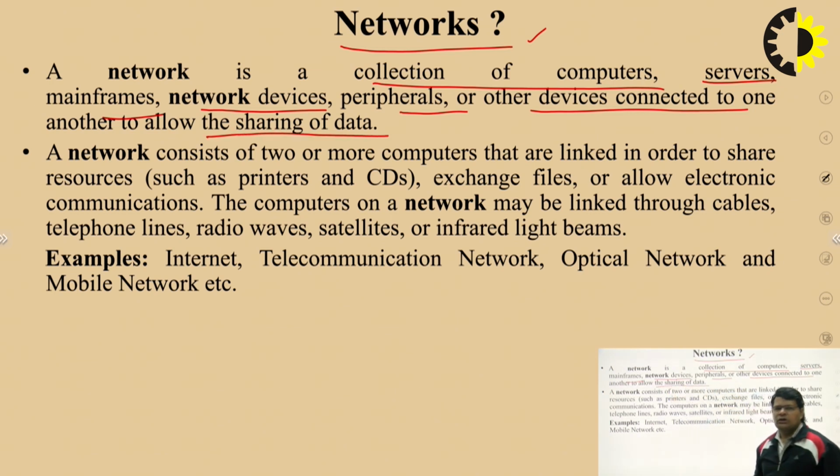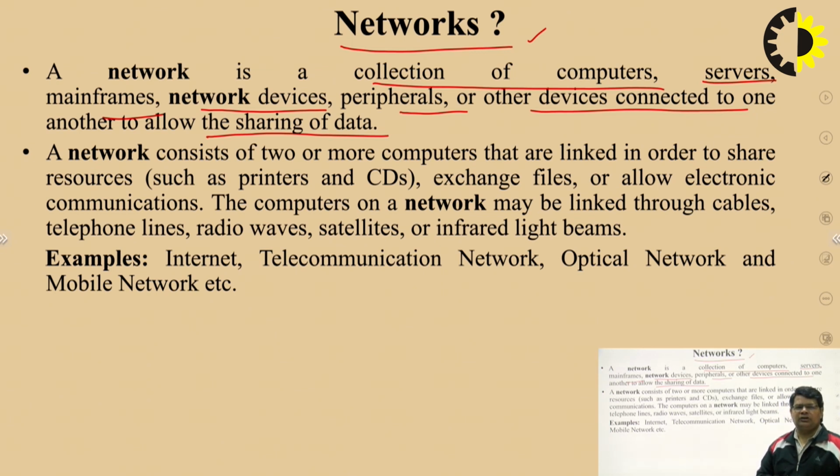That is, to allow the sharing of data, we have to use a number of devices, equipment, computers and servers, and together they form, when connected through a particular medium, what is known as the communication link. So when a link is established and all these devices are connected together for sharing of information, that is termed as the network.